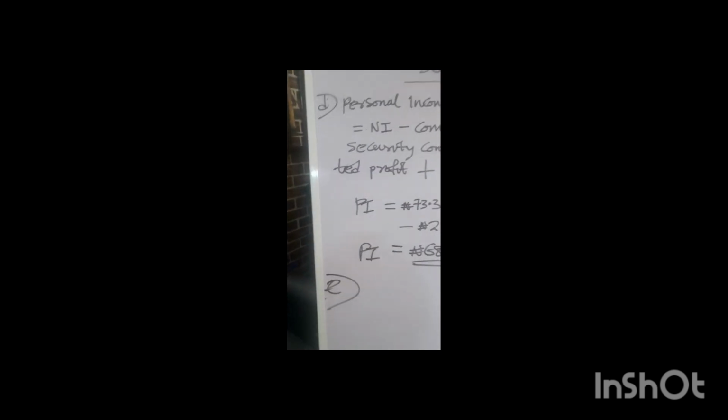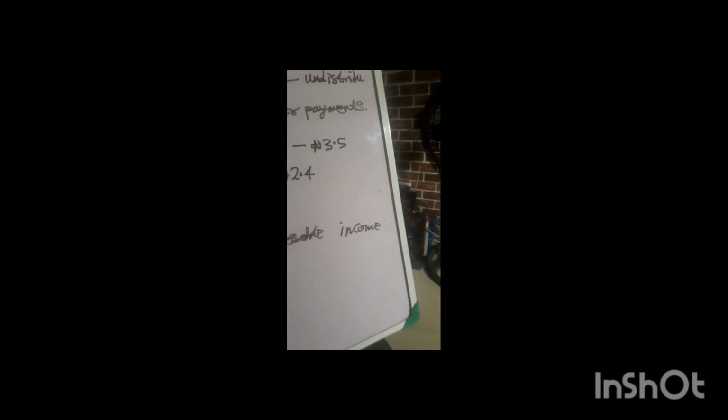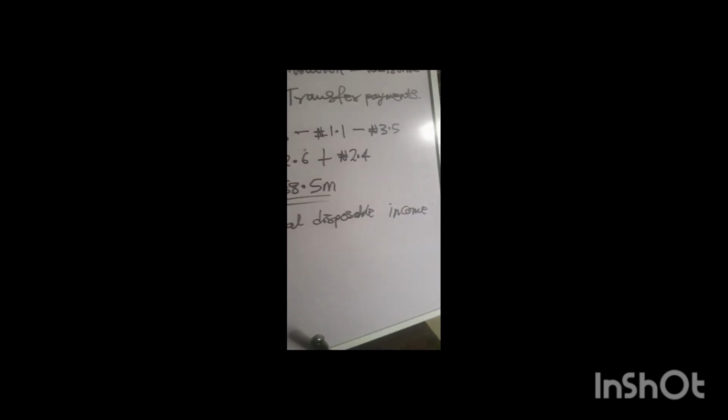Then we'll proceed to the last requirement, which is our personal disposable income. I can abbreviate it to PDI.